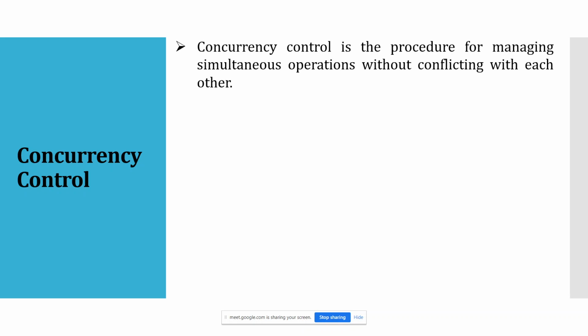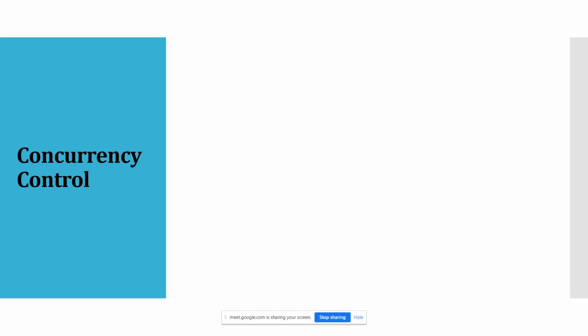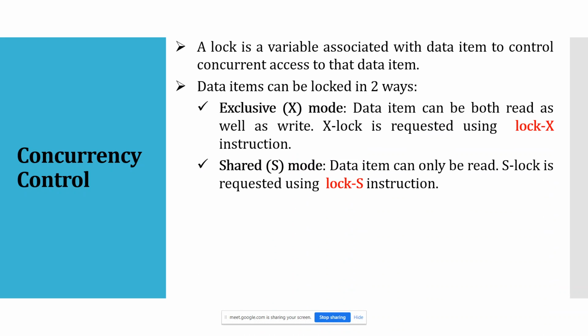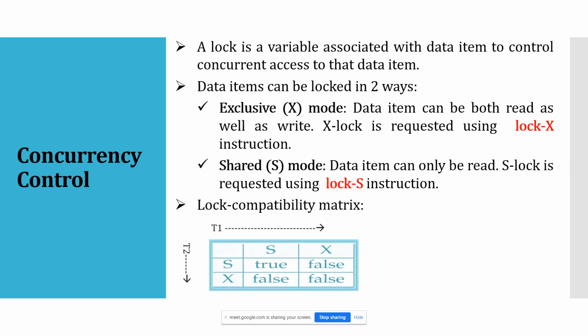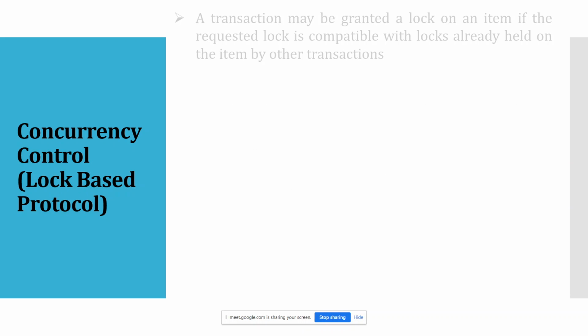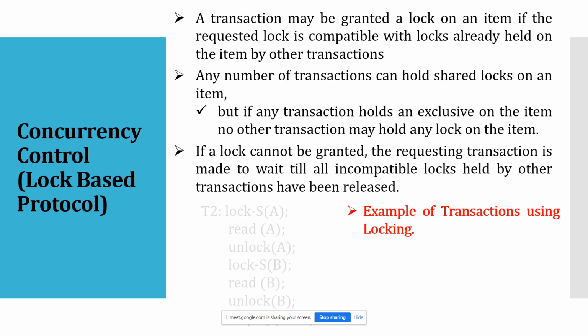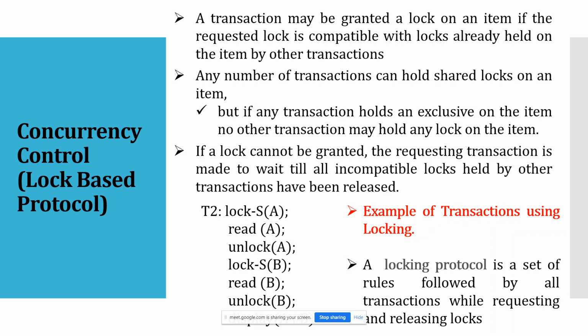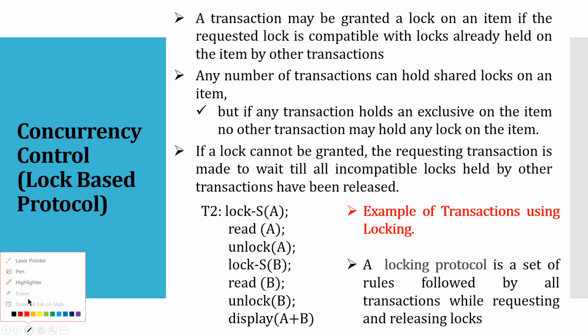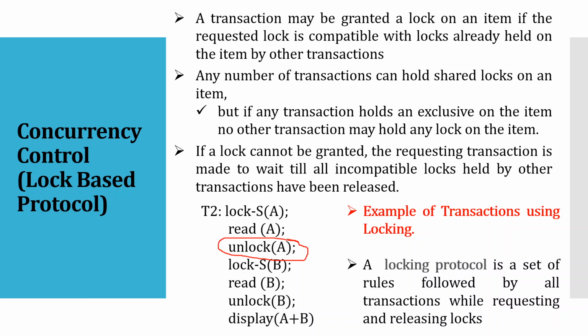So we said that concurrency control is managing more than two transactions without conflicts. It mainly uses two types of locks, that is exclusive lock and shared lock, read and write, and only read, right? Then we have seen that whatever locks are acquired by the transaction must be released using this command, so that another transaction can use the same lock on the same particular data item, right?